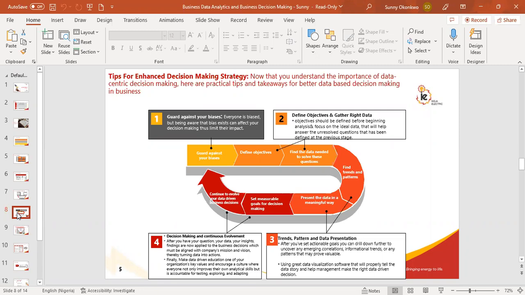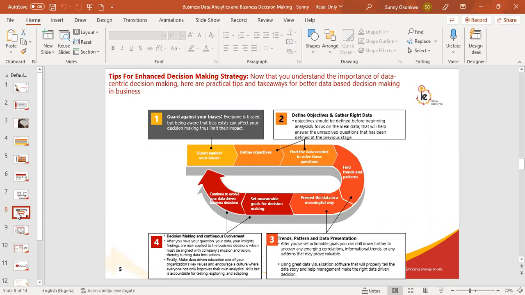Being aware of that, data will help guide against that bias. So you be as objective as possible. You are not saying it because it's going to benefit you, you're saying it because this is what will have impact on the company as a whole. So evidence-based decision-making will guard against those biases.